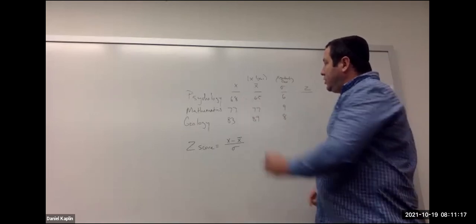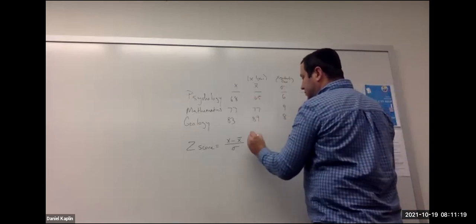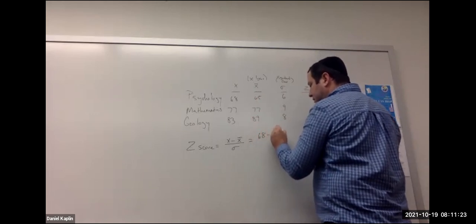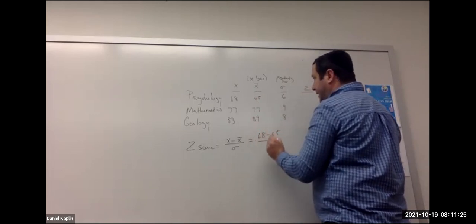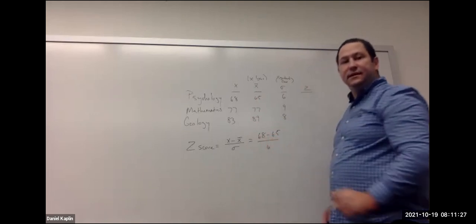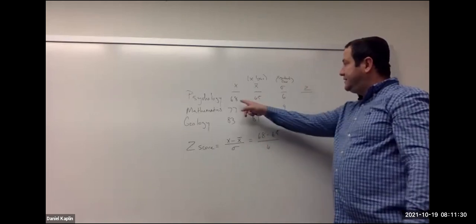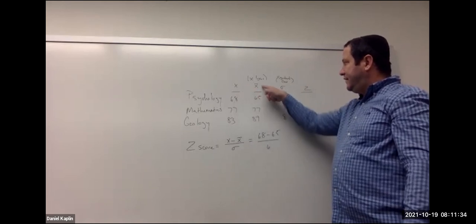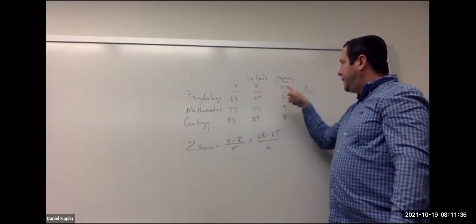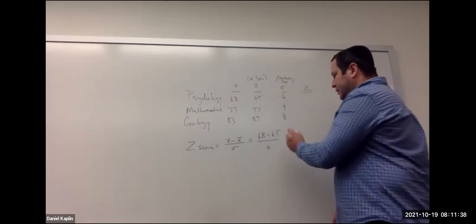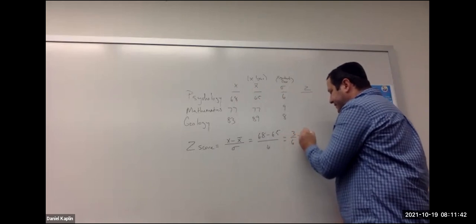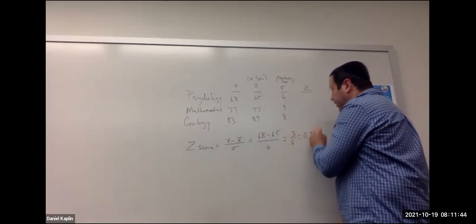So we could do psychology: 68 minus 65 divided by 6. Is it clear how I got that? 68 is X minus 65 X bar divided by the standard deviation of 6. So 3 divided by 6 gives me 0.50.